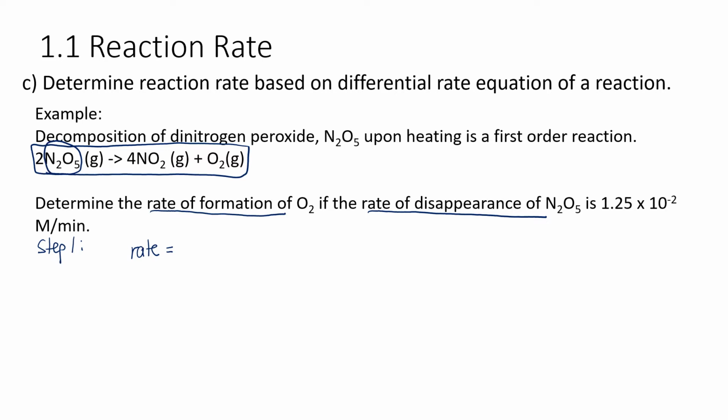We know that in a reaction, reactant will continuously be used up. Therefore, when we write the expression, we must include the negative sign indicating that it is a reactant and the concentrations will continuously decrease as the reactions proceed.